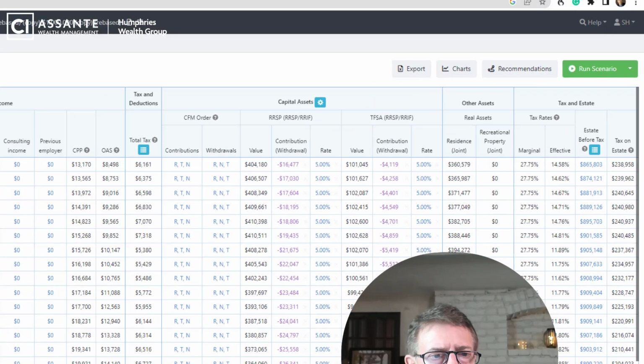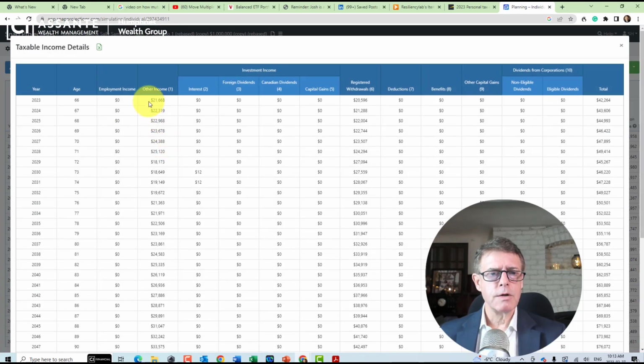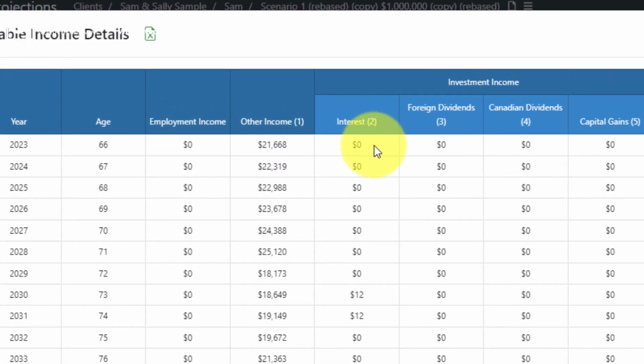Now let me show you another part of this calculator. Let's look at taxable income. Again, all other income, essentially that's their government benefits. And then if they had interest income, foreign dividend income, Canadian dividends, and capital gains, that would be part of this calculation for the client. In the very basic calculator that I showed you before with Ernst & Young, it doesn't give you that level of detail, but this program will.